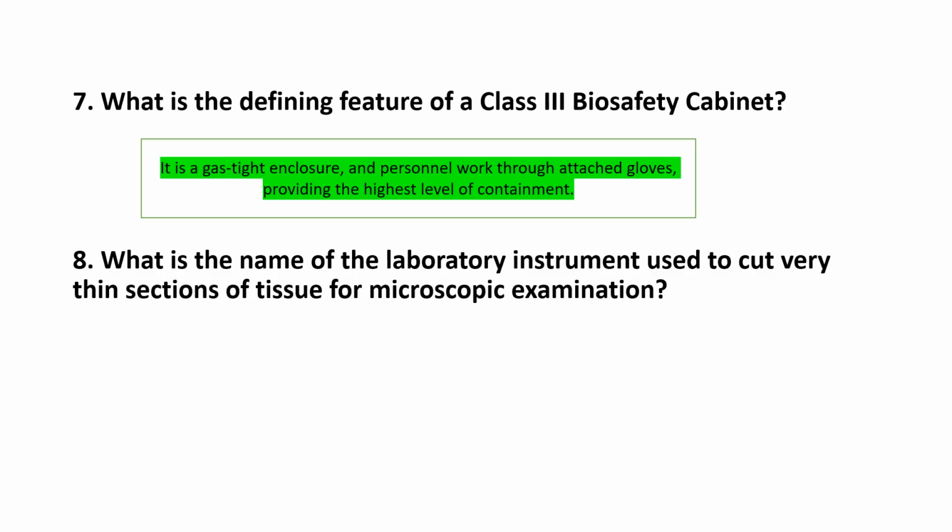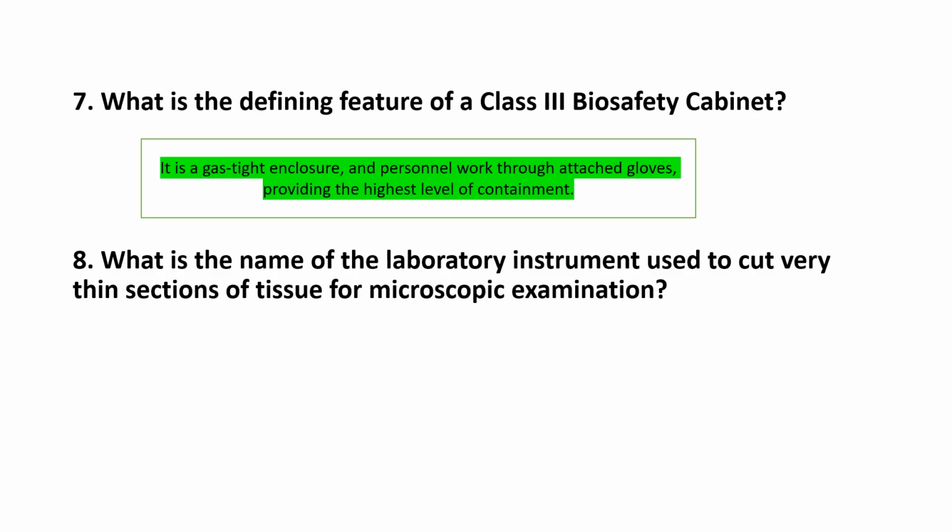Remember, it is in this class 3 biosafety cabinet that the high-level viruses which can easily spread, such as the Ebola virus and SARS-CoV-2, are actually contained, right? They are discussed here. When we talk of the class 1 and class 2 biosafety cabinets, in class 1 there's no product protection, but class 3 has got everything, right? Yeah, so you need to know this as well.